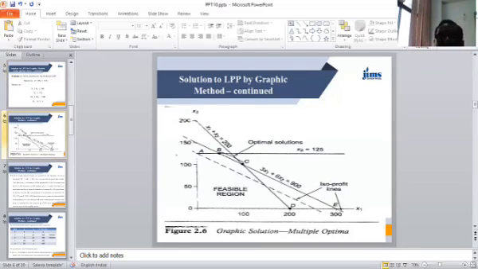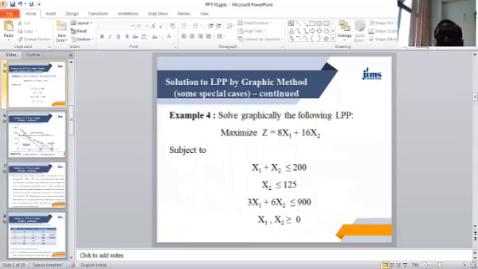Third condition is 3x1 plus 6x2 is less than or equal to 900. When we put x1 is equal to 0, x2 is equal to 150. So (0, 150) is 1 point. When we put x2 is equal to 0, 3x1 is equal to 900, so x1 is equal to 300. So (300, 0) is another point.